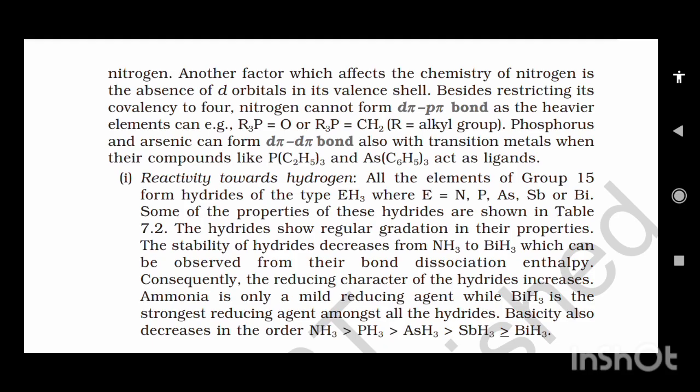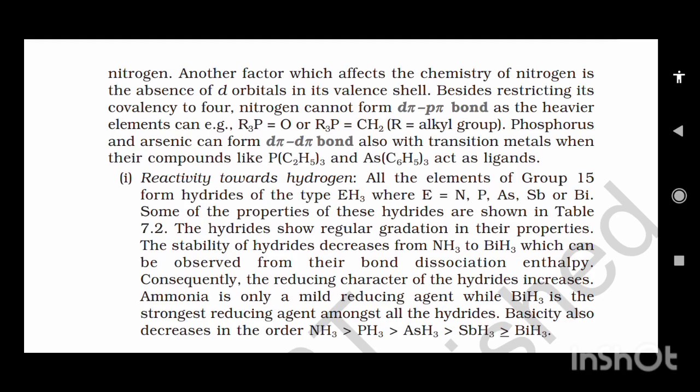Besides restricting its covalency to 4, nitrogen cannot form dπ-pπ bonds as the heavier elements phosphorus and arsenic can. They can form dπ-pπ bonds also with transition metals when their compounds like P(C2H5)3 act as ligands.